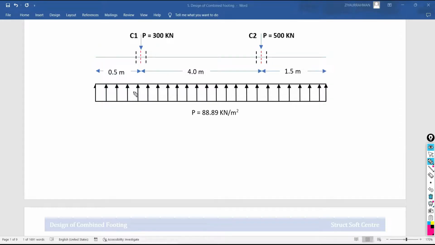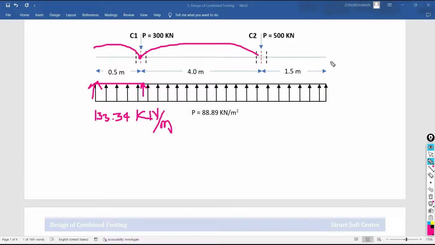If you are going to do the calculation, either you have to consider the right part for the calculation of bending moment at this center point, or you have to consider the left part. We have the uniformly distributed upward soil pressure, that is 133.34 kilonewton per running meter, by considering the full width of the footing.